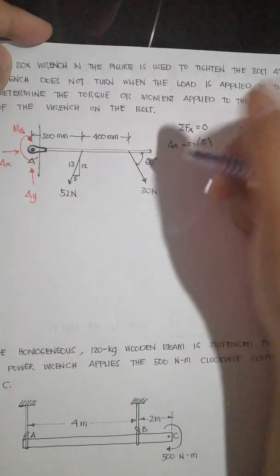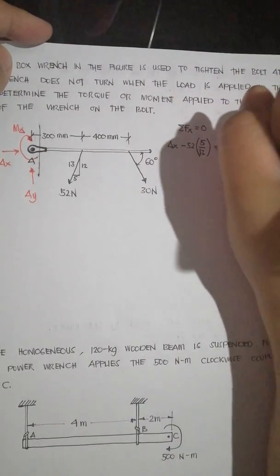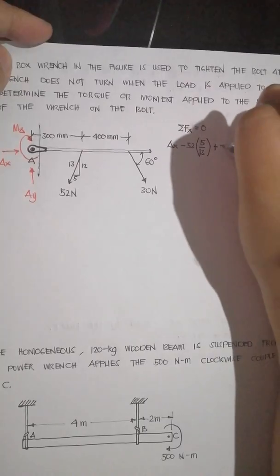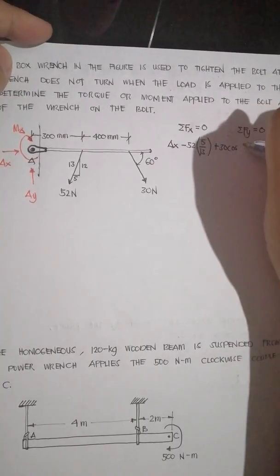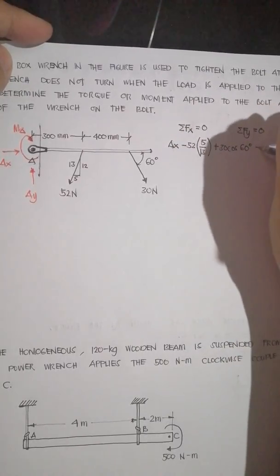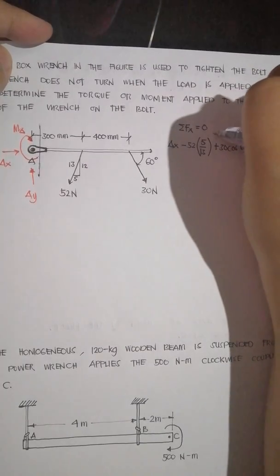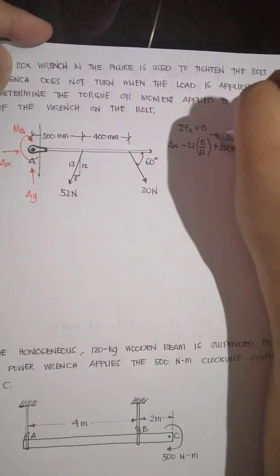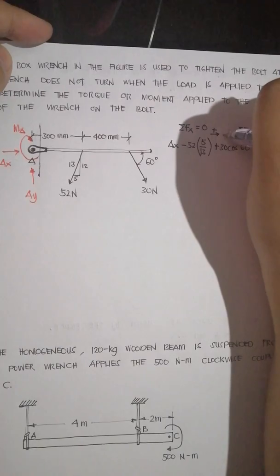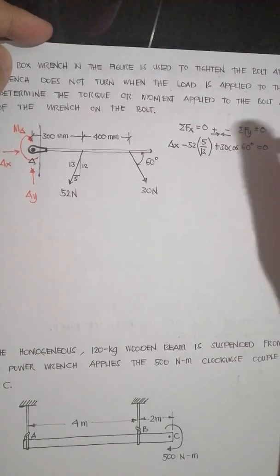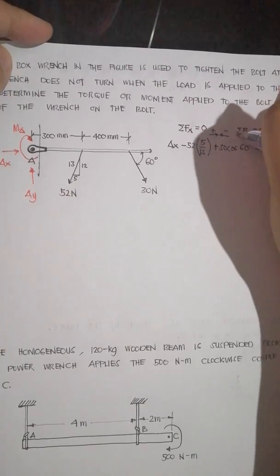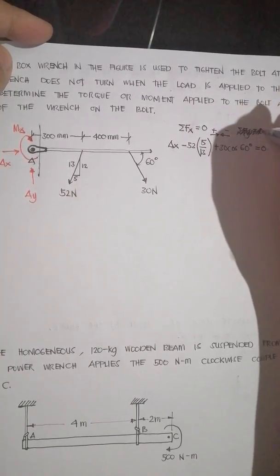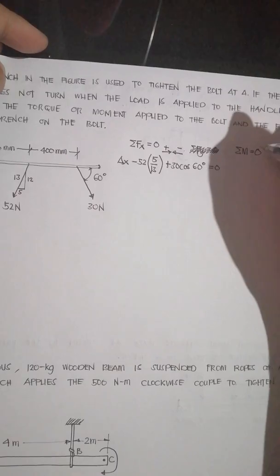For the 30 Newton load, we have positive 30 cosine 60. Then this is equal to 0. So all of the rightward forces are positive, and all of the leftward forces are negative. This is the sign convention.